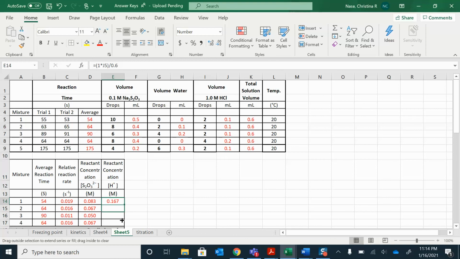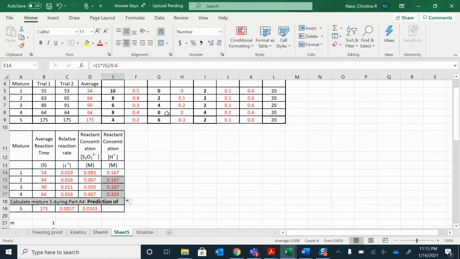So I would do the rest of them the same way. 1 molar times 0.1. Again, we only changed it in this one trial, right? Trial mixture 4 is the only one that's different. So everybody else should be the same. I'll still type this out because why not? 1 times 0.1 divided by 0.6. And I should get exactly what I got over there. Good. Thank goodness.